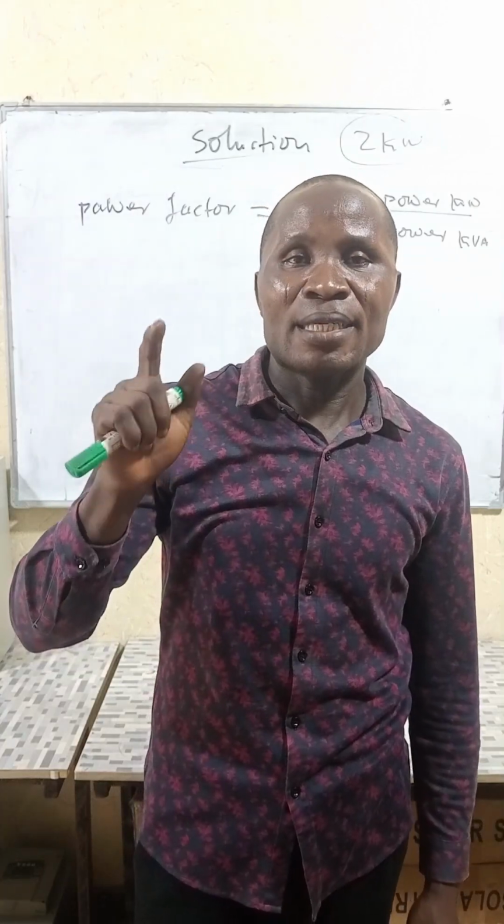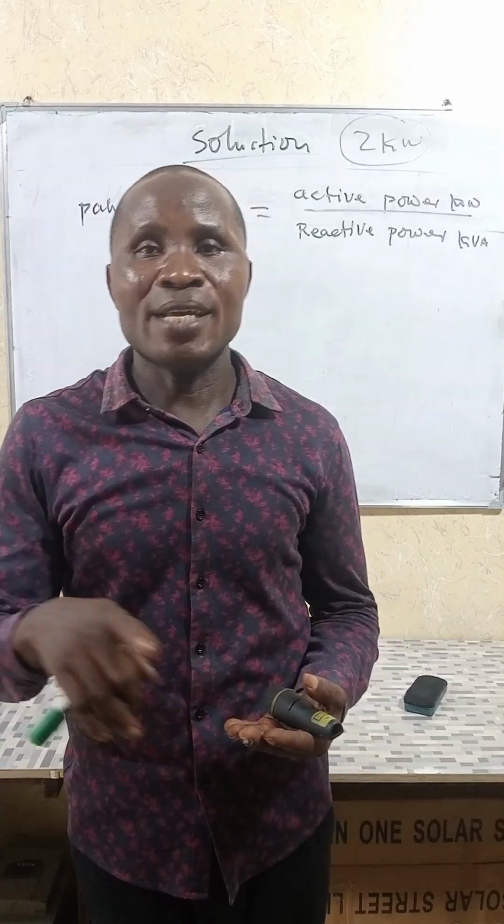Now, what is the active power? Active power in kilowatts is the true, the real, and the working power that is consumed and converted into useful energy, like lighting points, the power that carries your televisions, your fridges and your ACs.